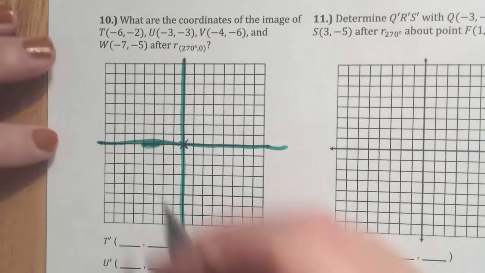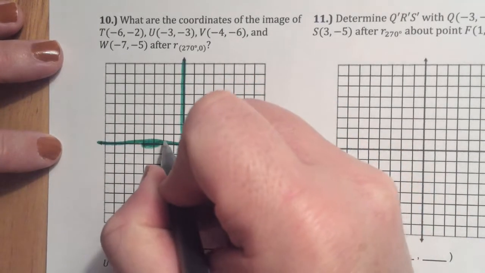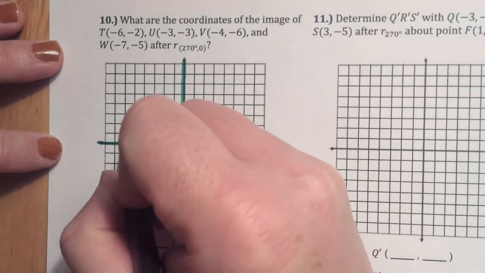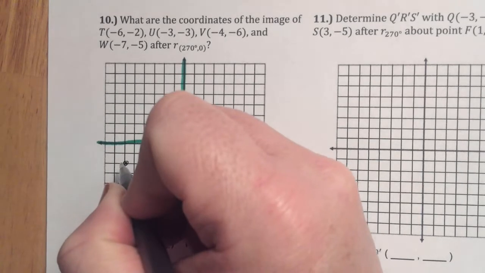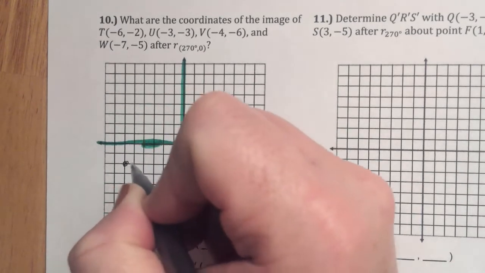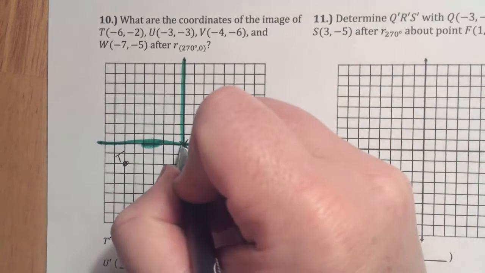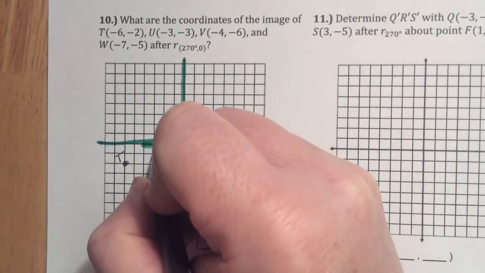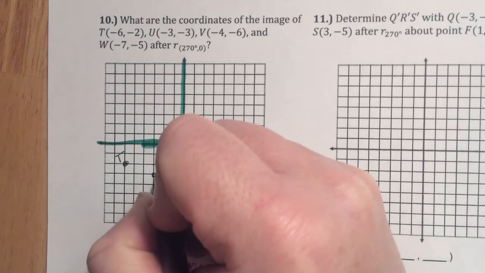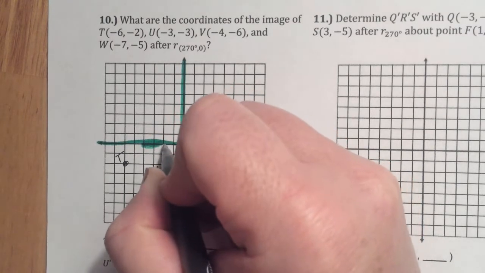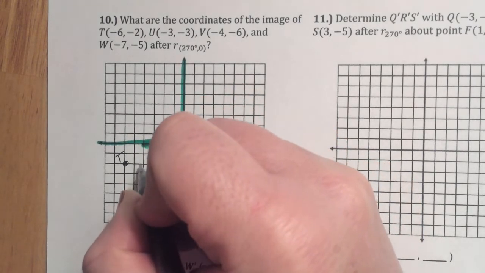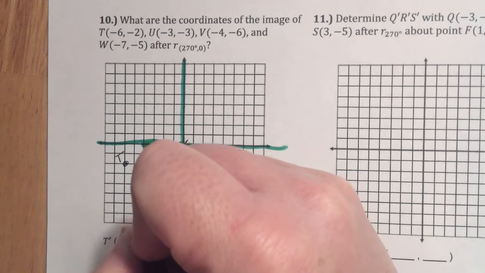Okay, so let's go and plot our points. We have -6, 1, 2, 3, 4, 5, 6, -2, 1, 2. Okay, that's our T. All right, -3, 1, 2, 3, -3, 1, 2, 3. That is our U. -4, 1, 2, 3, 4, -6, 1, 2, 3, 4, 5, 6.